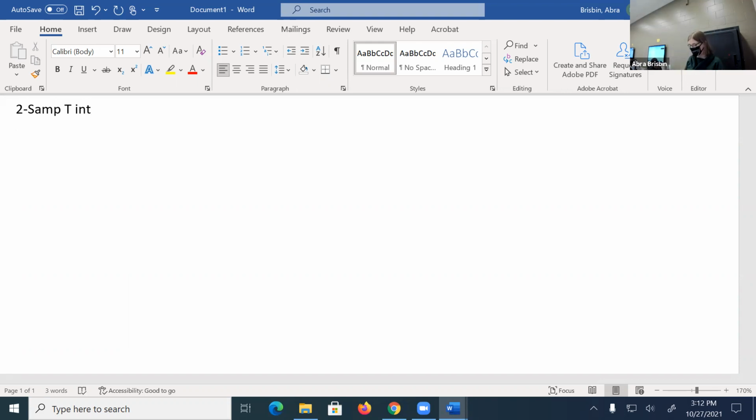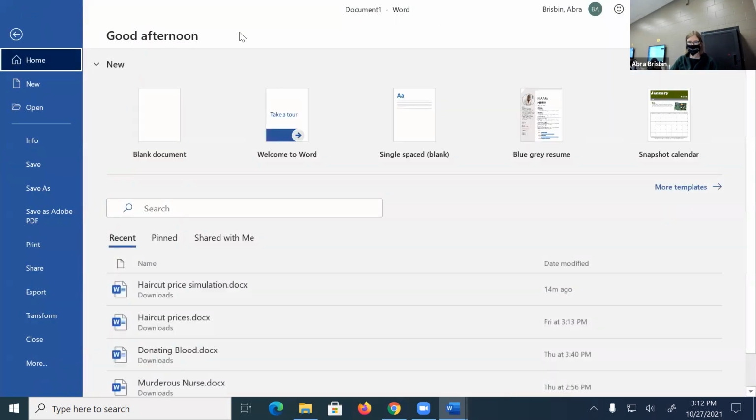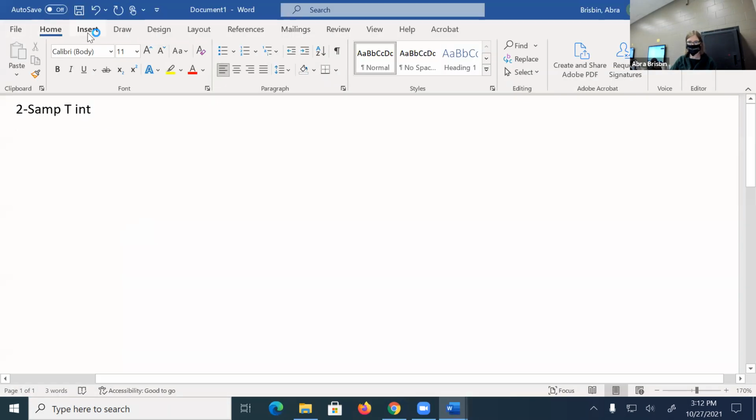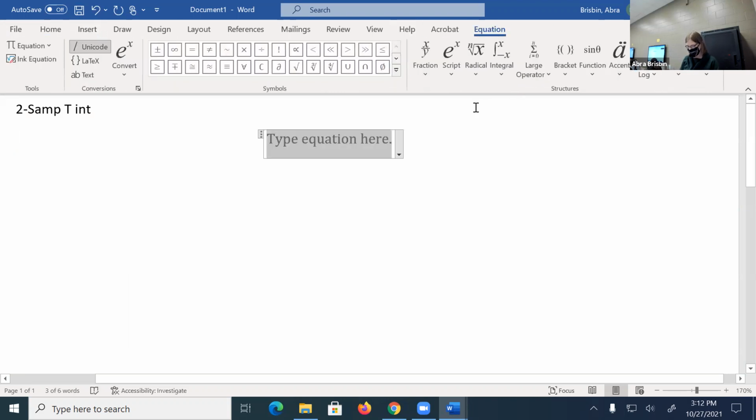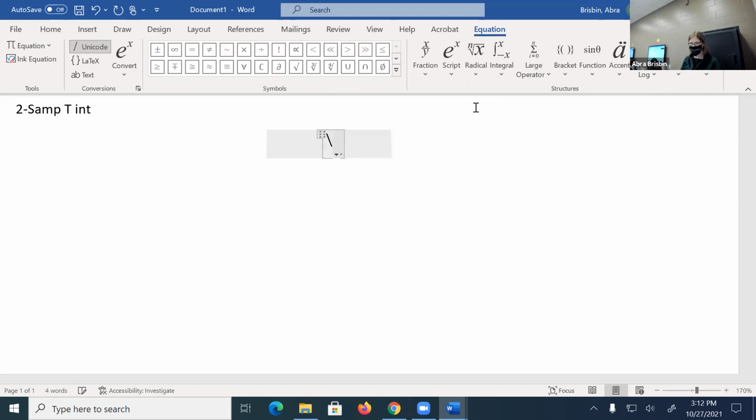And the information we need to put in for this is going to be X bar for group 1, S subgroup 1, so the sample standard deviation for group 1, and the sample size for group 1.